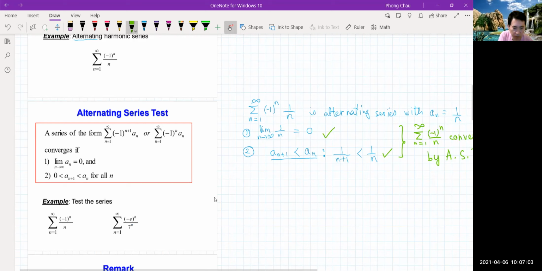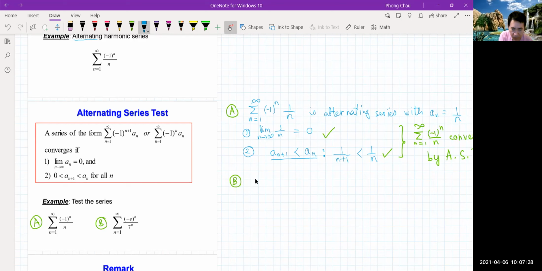I'm going to do it here. Let me label this example A, so that's my example A. And then I have example B, this series.